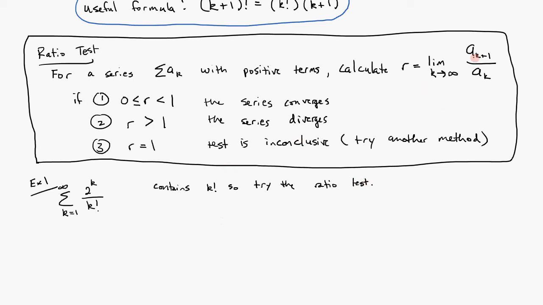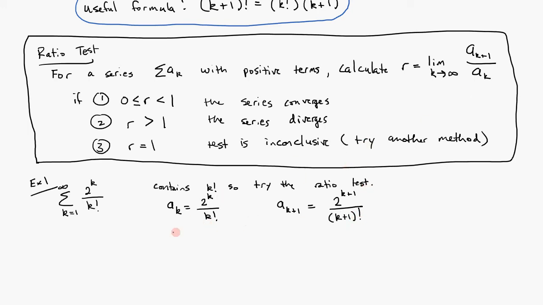To use the ratio test, I need to identify a k and a k plus 1. a sub k is just this part here, so it's 2 to the k over k factorial. Then a k plus 1 is to replace every k with k plus 1, so it'll look like 2 to the k plus 1 over k plus 1 factorial.